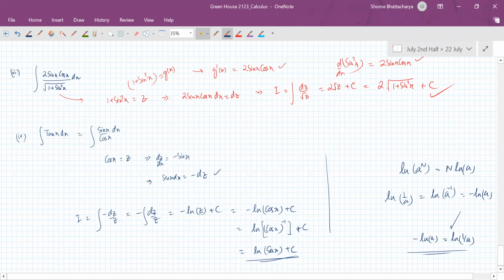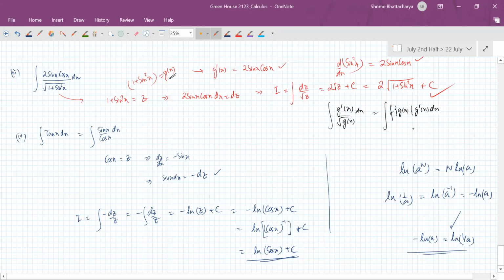Sir, in both subparts, third and fourth, can you just tell me how did you establish a relation between gx and g prime x? Yeah, the same thing. If you have taken this as gx, then your integral is g prime x upon square root of gx. Understood? This is the integral.